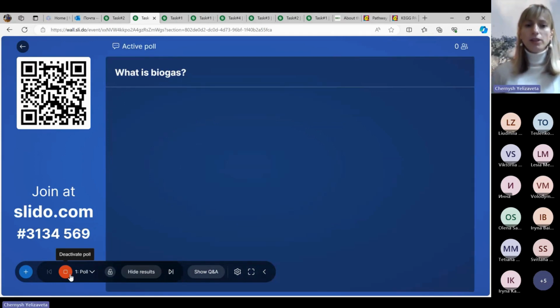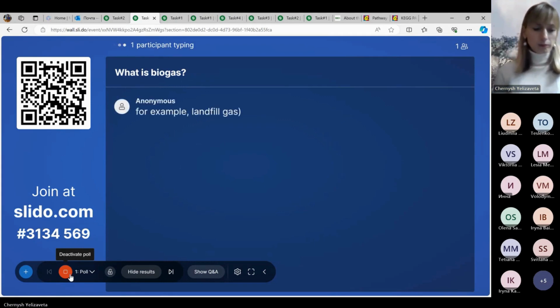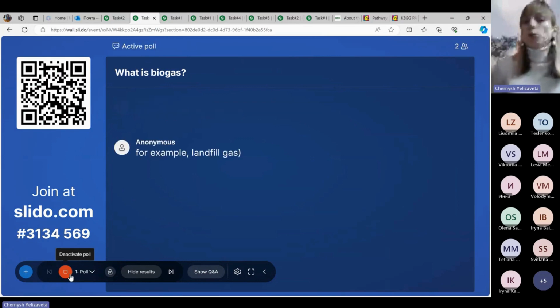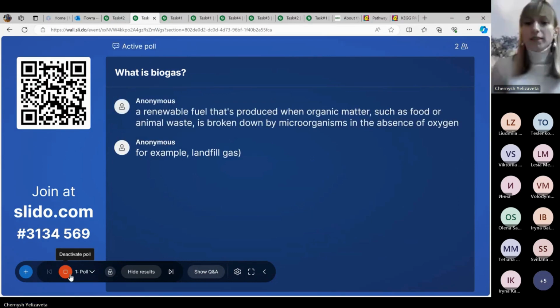And the first question: what is biogas? It would be good if you write the composition of biogas, or how we can use this biogas. So we see it's a renewable that is produced when organic matter such as food or animal waste is broken down by microorganisms in the absence of oxygen, so in anaerobic conditions.